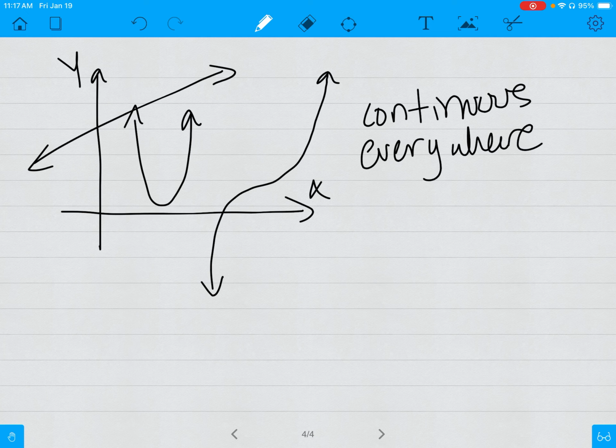There are no jumps in the graph. There are no breaks in the graph. There are no holes in the graph.